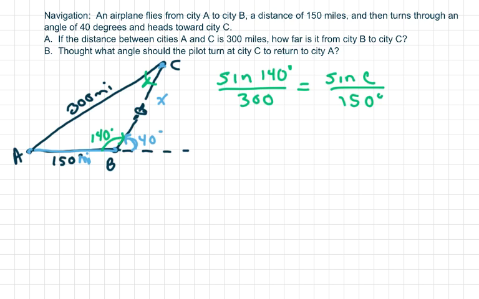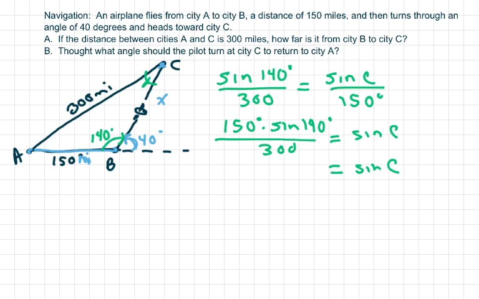So we're going to cross multiply and we get 150 times sine of 140 over 300 equals the sine of my angle C. And then what we're going to get is sine of C equals 0.3214.